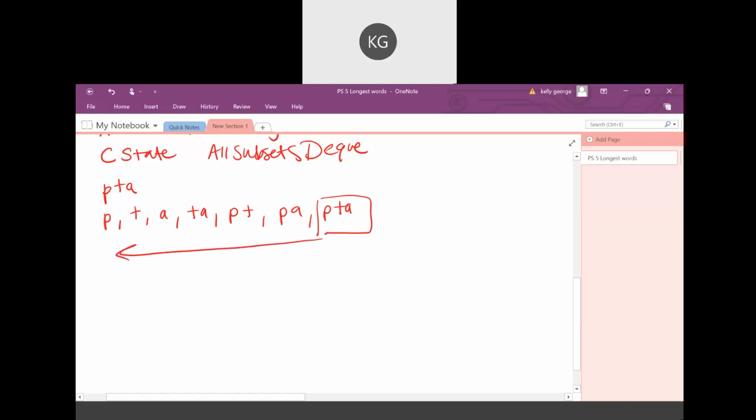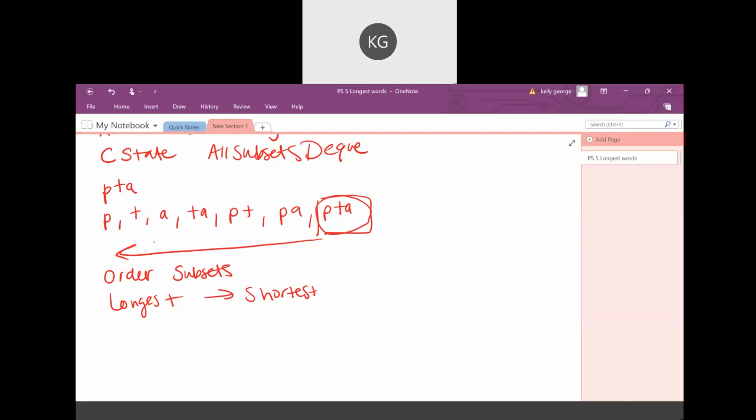So the first thing you want to do is order the subsets from longest to shortest. That way, if we find a word that is with PTA, we don't need to continue to PA, PT, TA, any of these, because we already found the longest word. So if we've already found a word of length 3, then why would we continue to words of length 2? So these subsets, we can unscramble them to see what words we can make out of them.